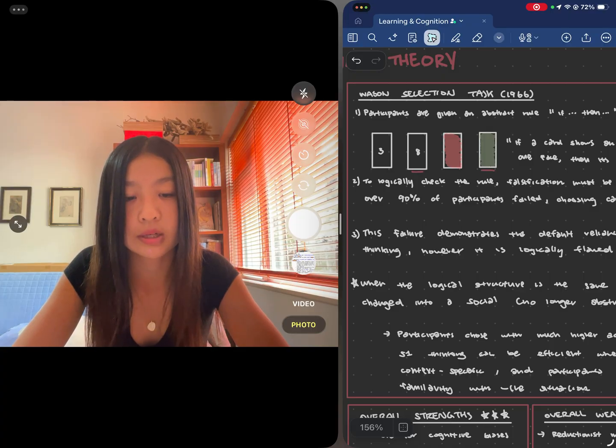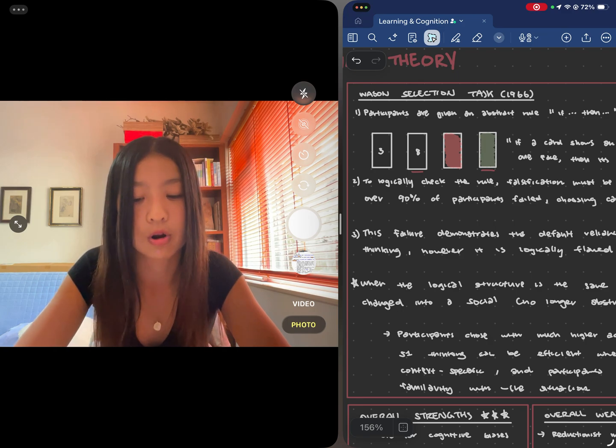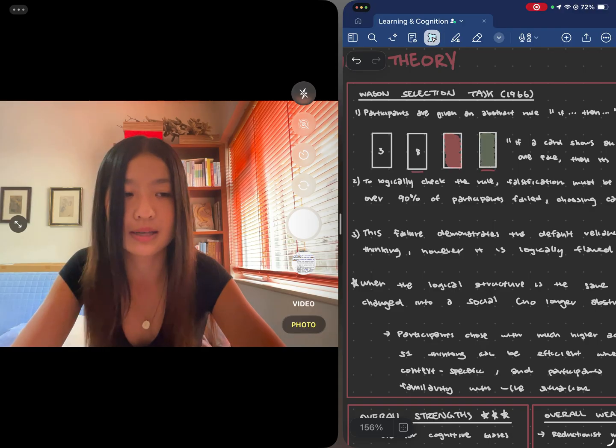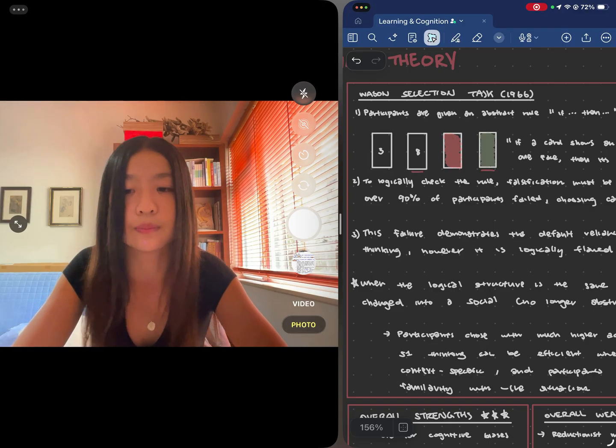So participants that are more efficient with this problem showed more levels of getting it incorrect, because they prioritize getting it faster instead of actually doing the problem correctly.